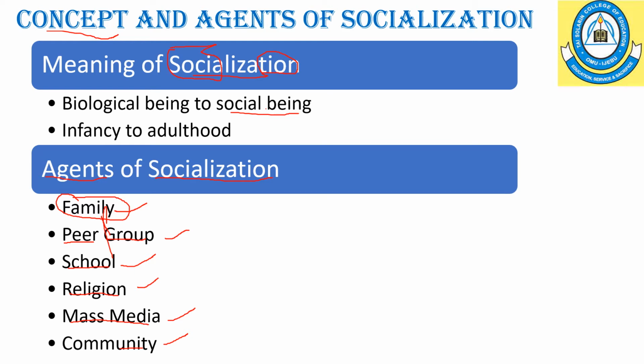Irrespective of whatever nomenclature some people give the country, we still have good ambassadors of this country. So as a socialization agent, we need to perform this role very well in the family.